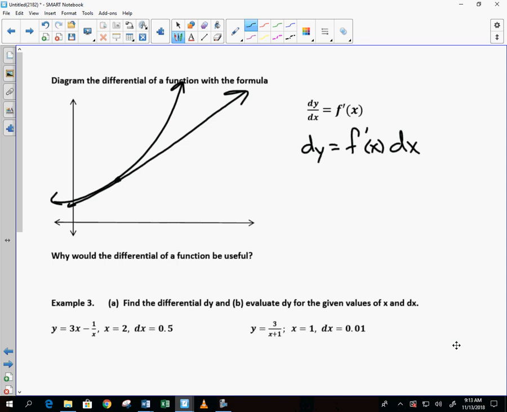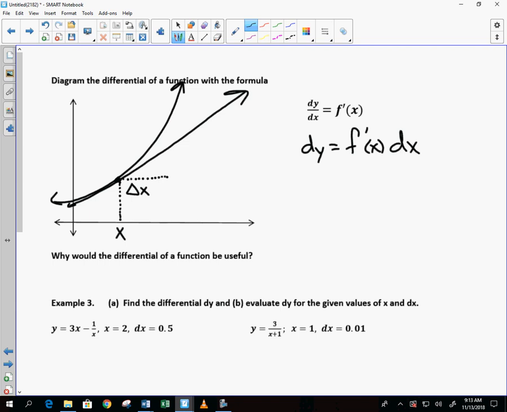Now, graphically, we want to understand what this means. I can have a coordinate here called x, and I want to look at the change. So dx, dy means a change in x over the change in y, or change in y over the change in x. As I move to the side, there is a certain change in x for the function.